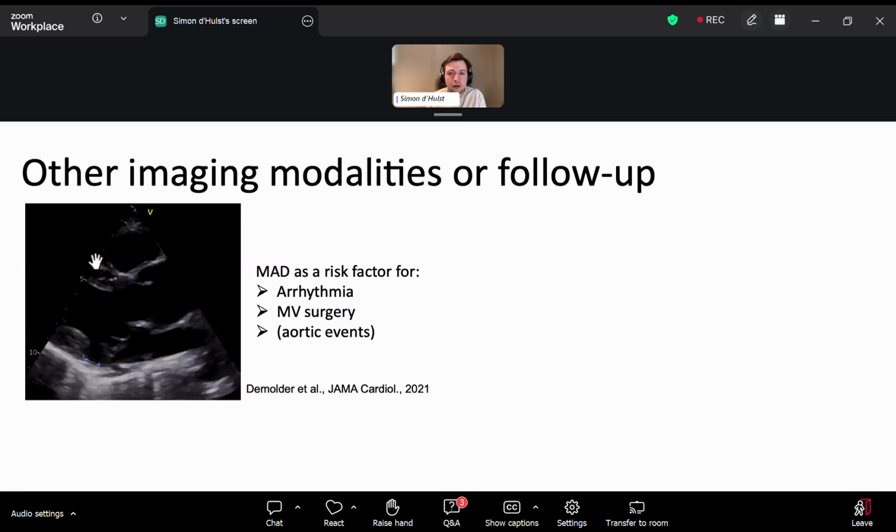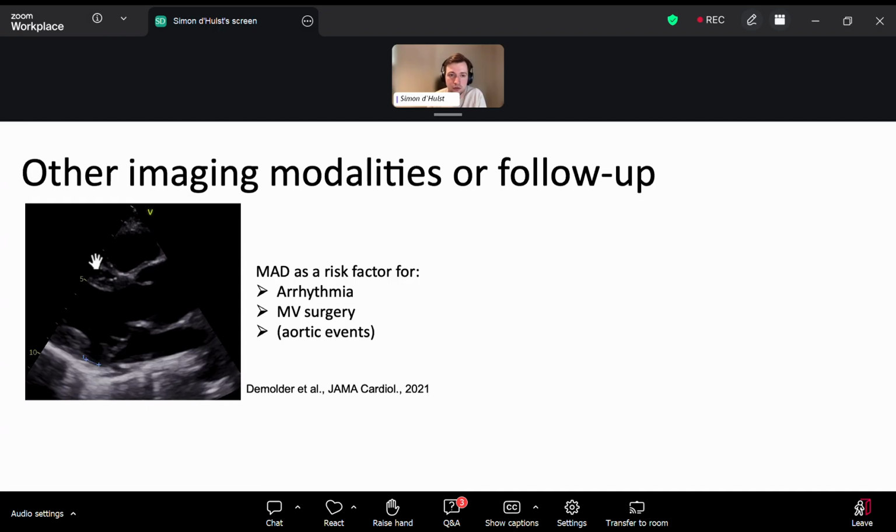As was said before, of course, not only is it important to follow up the aorta, there are several other specific aspects that should be followed up. As Gianluca already showed, for example, mitral annular disjunction and mitral valve prolapse need to be diagnosed, since this is a risk factor for both arrhythmias and mitral valve surgery, and the extent of it even portrays into the aortic events.